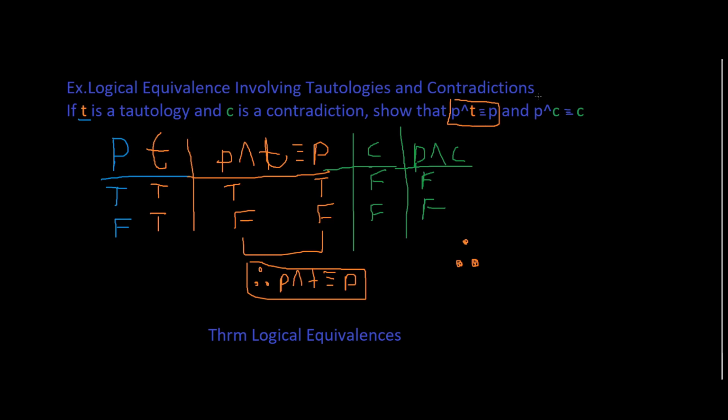I use green. So all we have to say is thus P and C are logically equivalent to each other. That says thus the statement variable P and the statement variable C are logically equivalent to the statement variable C. That's how you read it in the English sense. This is how you read it in the more symbolic sense. So that's going to be our answer.